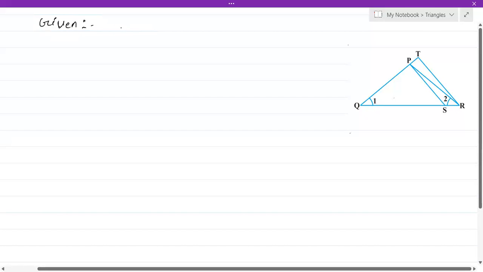They have given us QR by QS is equal to QT by PR, isn't it? So QR by QS is equal to QT by PR, and angle 1 is equal to angle 2.